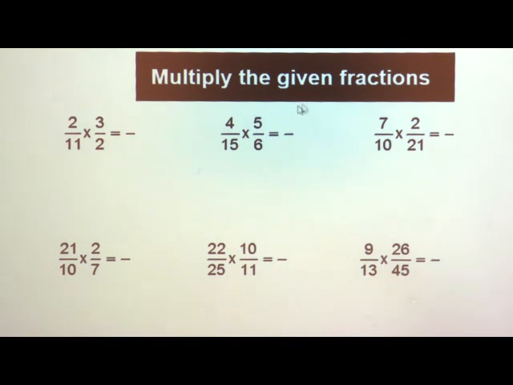Multiply the given fractions. Here, 2 upon 11 multiplied by 3 upon 2. Some examples are there. We will try to multiply one by one and find out the answer. You have to help me out with how to solve the sums. So, one by one we will start.